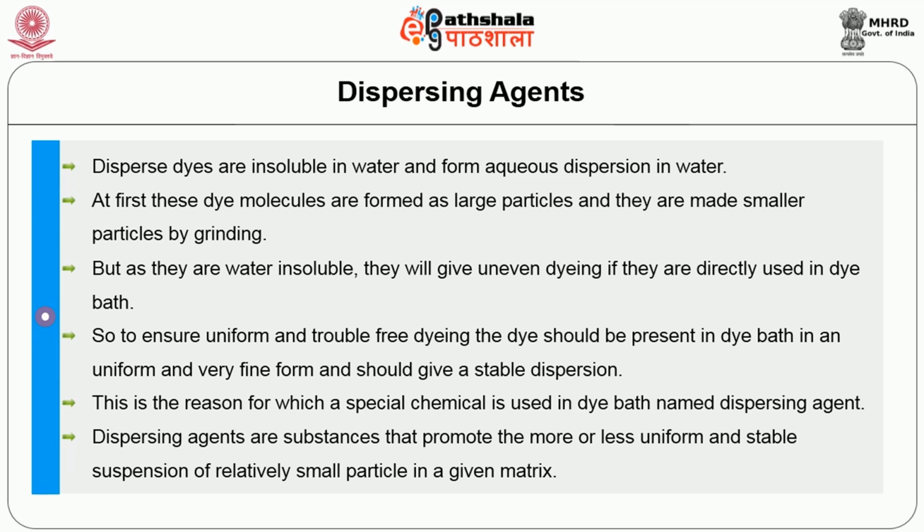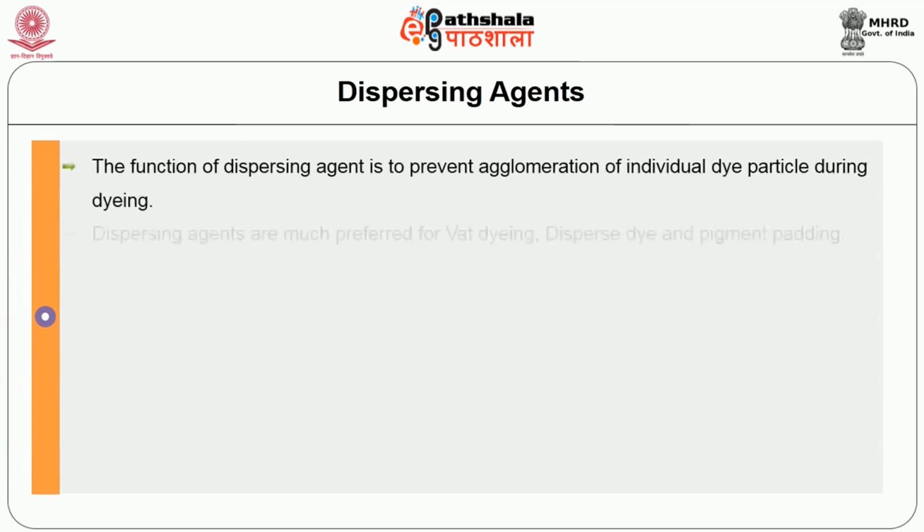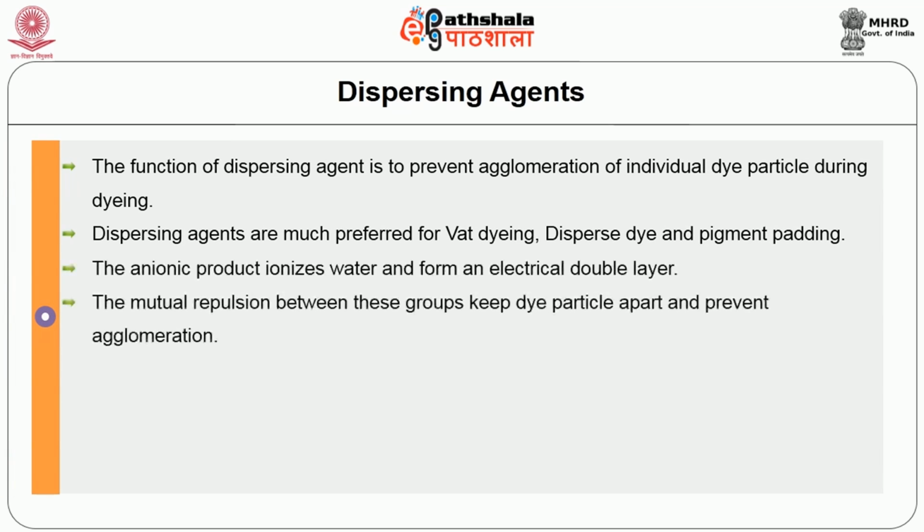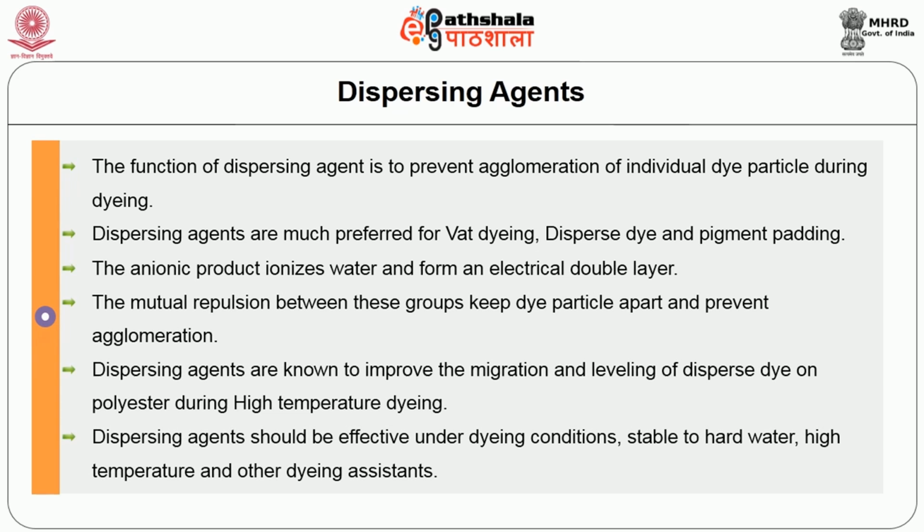Dispersing agents are substances that promote more or less uniform and stable suspension of relatively small particles in a given matrix. The function of a dispersing agent is to prevent agglomeration of individual dye particles during dyeing. Dispersing agents are much preferred for vat dyeing, disperse dyeing, and pigment padding. The anionic product ionizes in water and forms an electrical double layer.